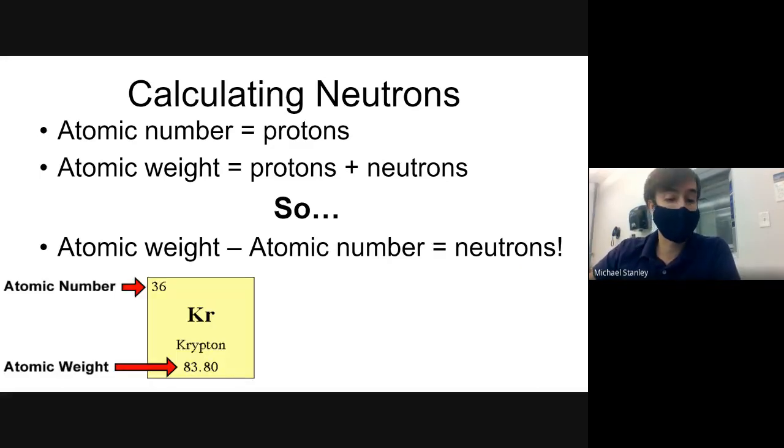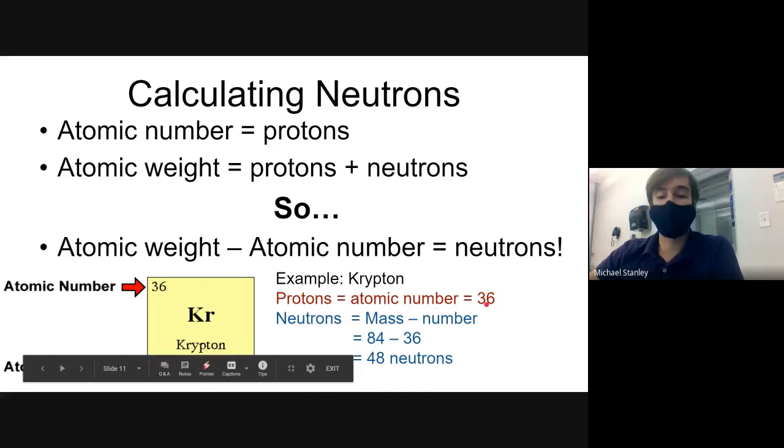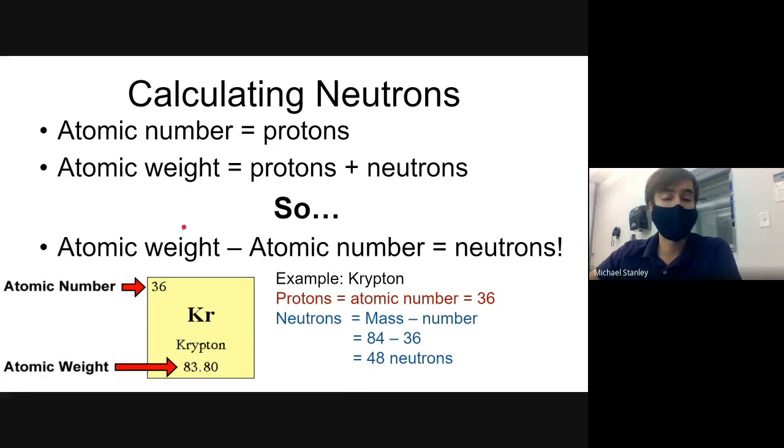Let me walk you through an example right here. Krypton has an atomic number of 36, which means krypton has 36 protons. In order to find our neutrons, we have to do the atomic weight minus the atomic number.